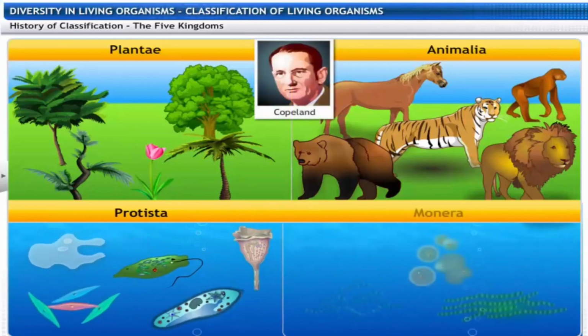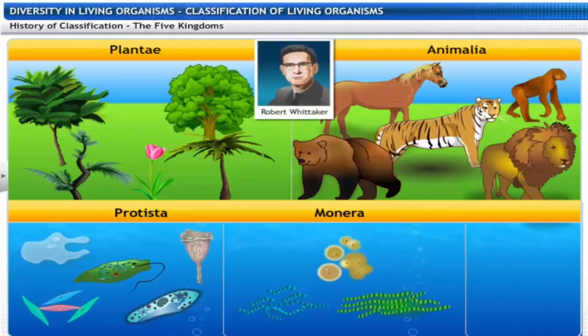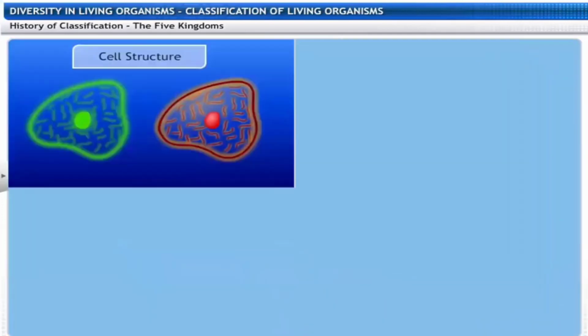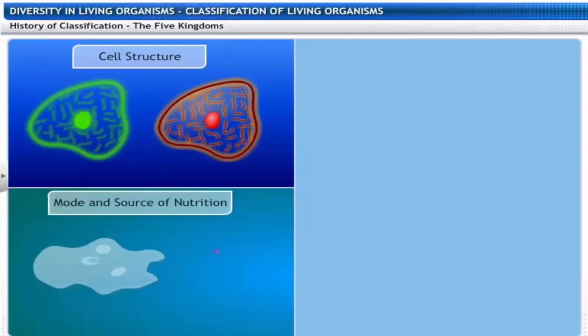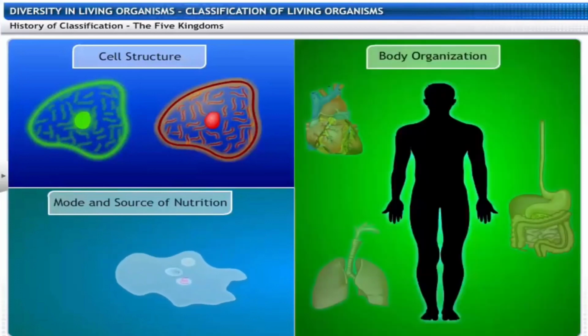Copeland introduced Monera to include all the prokaryotic organisms. In 1969, Whittaker proposed Mycota to include fungi. This led to a 5-kingdom classification proposed by Whittaker, which is still used today. These kingdoms were formed on the basis of cell structure, mode and source of nutrition, and body organization.